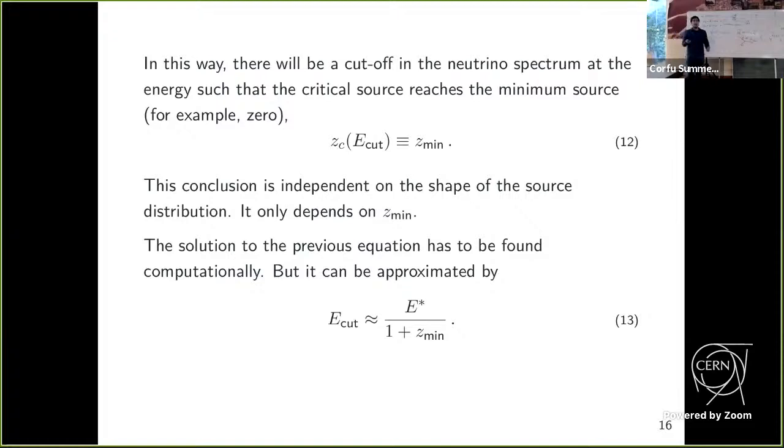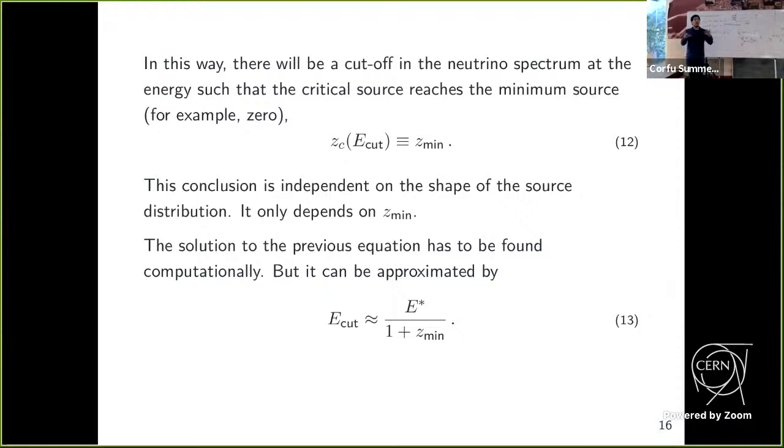In that case, the integral has zero domain of integration, so this integral is zero. So we have zero flux of detected neutrinos. So we see that we have a cutoff in the neutrino spectrum for that value of the detected energy. But that value of the detected energy is maybe difficult to solve from this equation.